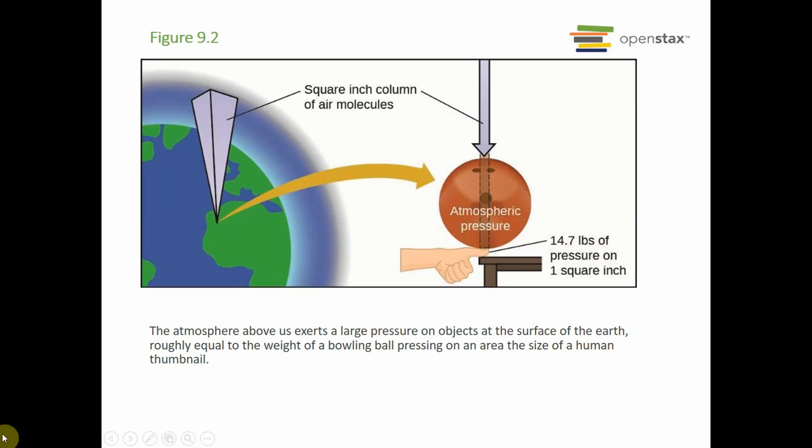However, pressure doesn't exert itself vertically like it was a column of solid material or a column of water, but it exerts that pressure on all surfaces, the bottom surface as well as the top surface, which is why we don't notice the pressure of air that much. So the atmosphere above us exerts a large pressure on objects at the surface of the earth, roughly equal to the weight of a bowling ball pressing on an area the size of a human thumbnail.